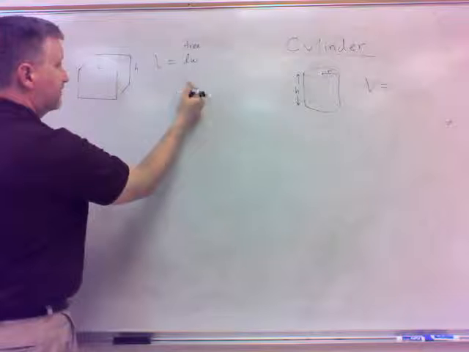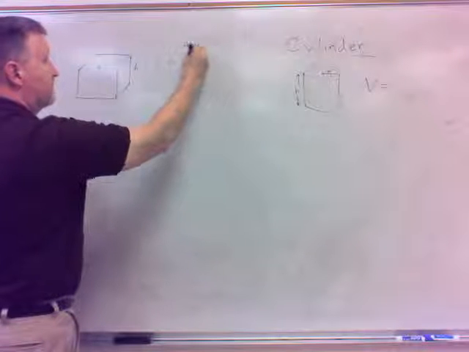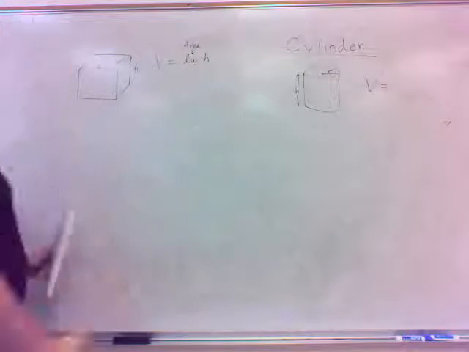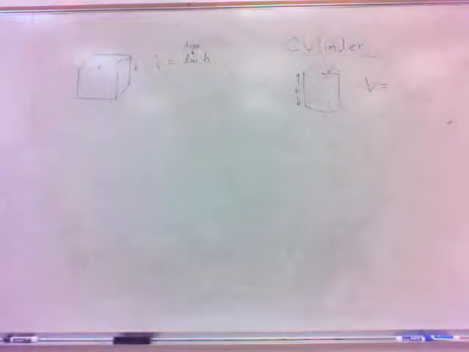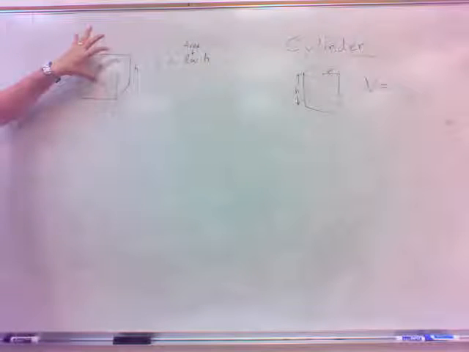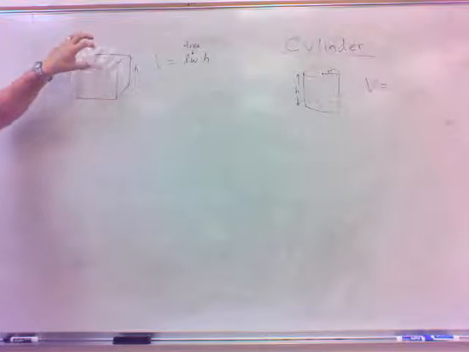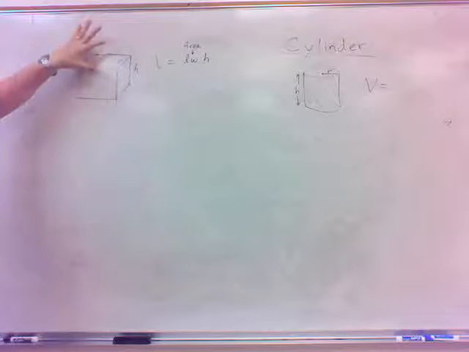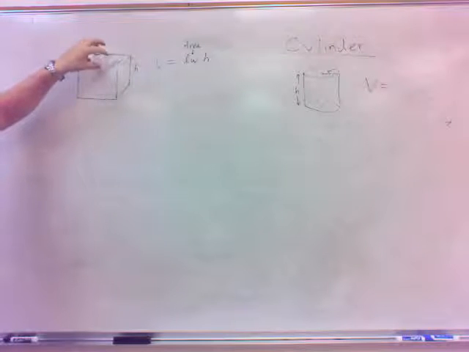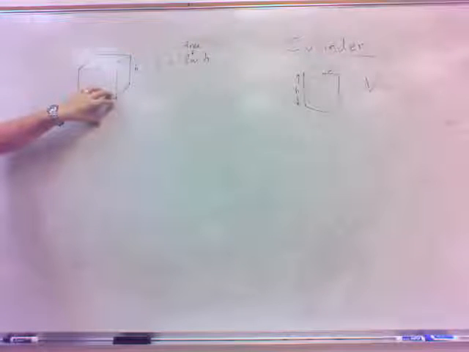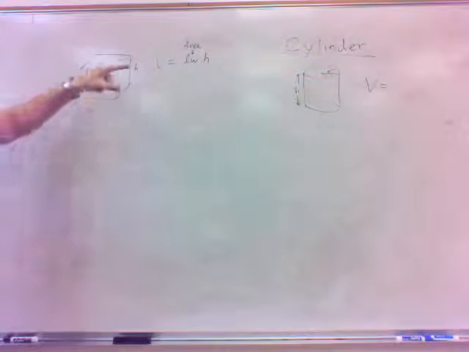And then I take it through a height of H. So think of this as the area of a rectangle, LW, times H. That's another way we can see the volume being constructed. And anytime you have a similar figure, whether it's a trapezoid or a hexagon, if you take that area times your H, then that gives you the volume.